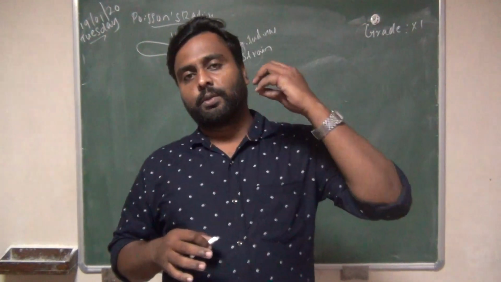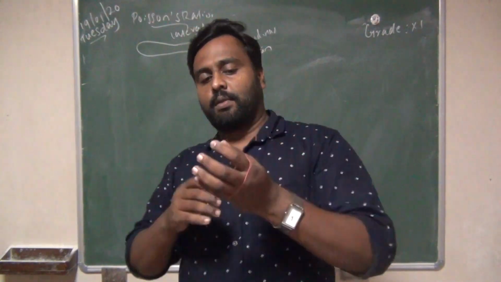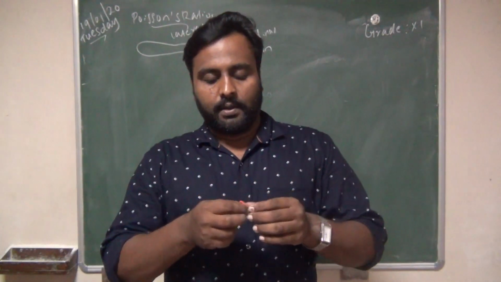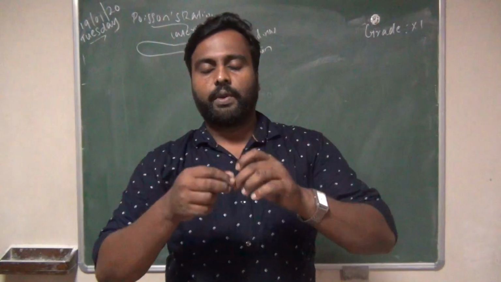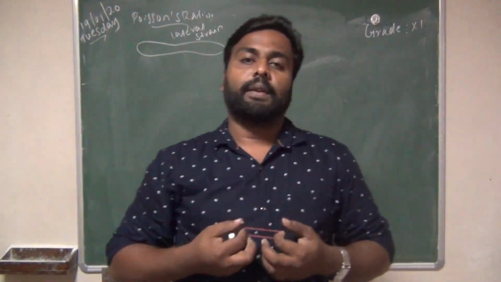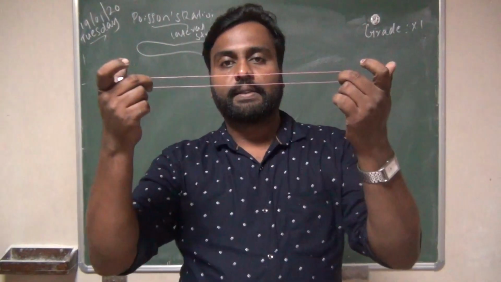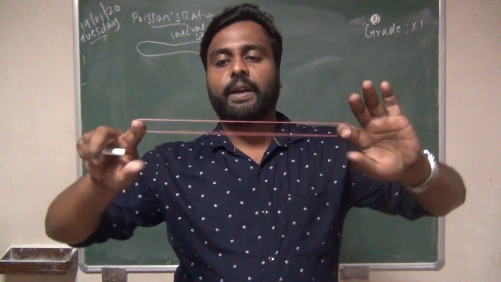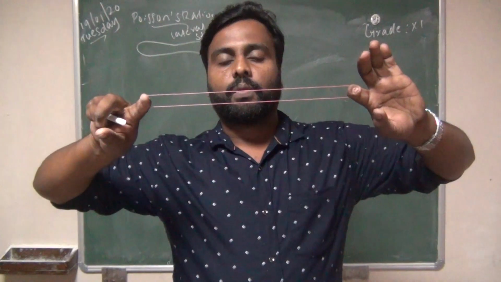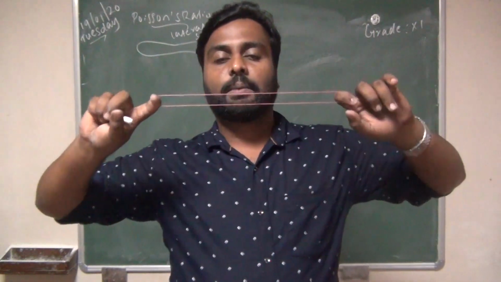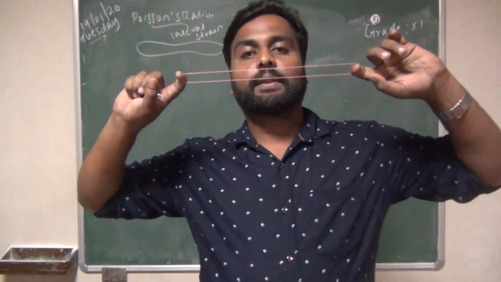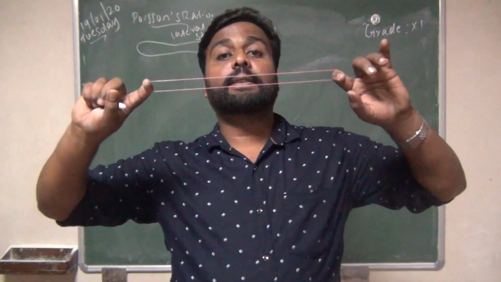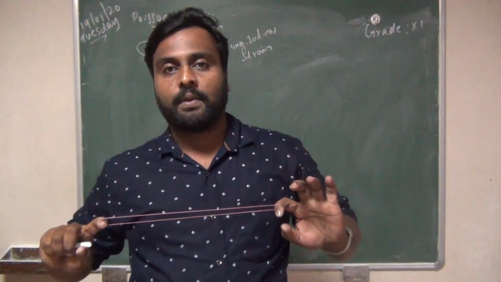Before going through the topic, you have to know about one thing. We all have the practice of taking a rubber band and stretching it like this. When you apply force on this rubber band and stretch it, its length increases.